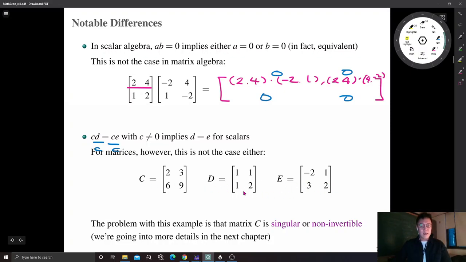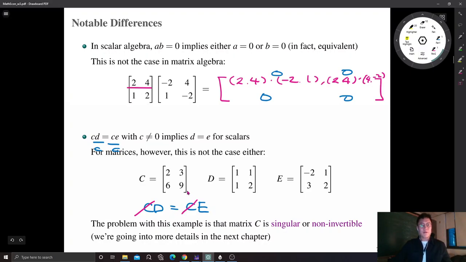If we compute CD and CE, you can easily check that these two products are equal to each other, and we have the common matrix C. But we can't cancel this C and say D is equal to E. Evidently, matrix D is not equal to matrix E. Nevertheless, we have the same product.